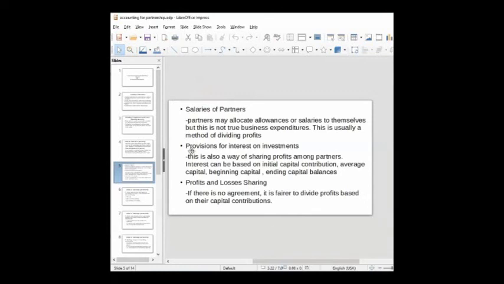So you have to deduct that 10,000. So the remaining 150,000 is the amount to be distributed among the partners.